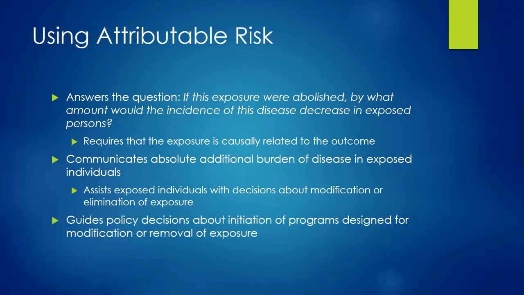It can also guide policy decisions about starting programs designed to remove or limit exposures. Often in the literature, we see relative measures of risk, but attributable risk or absolute measures of risk can be really helpful from a policy and management perspective too. So it's a nice additional thing to include in studies.